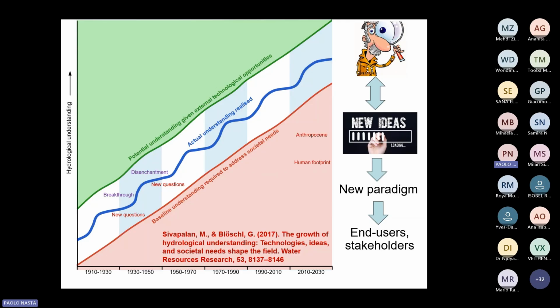As you can see here, the hydrological understanding faces a breakthrough where the understanding is steep, and it rises from new questions posed by the society, and then this euphoria is followed by a temporary disenchantment in which no more findings are available during the years. And then new questions are posed by the society and so on. So little by little, there is some progress in the understanding.